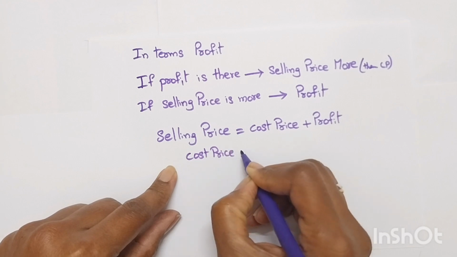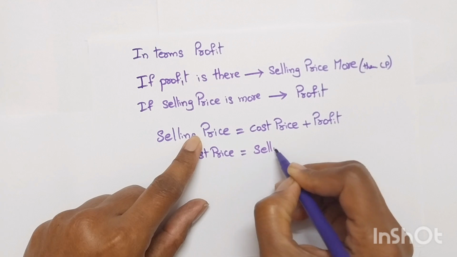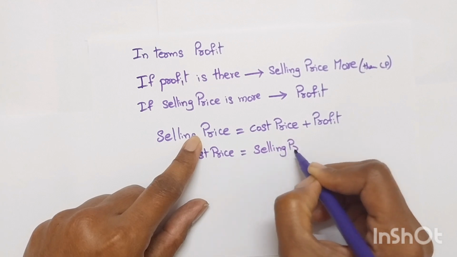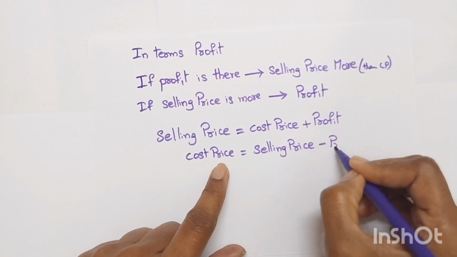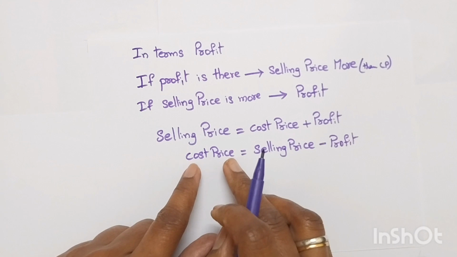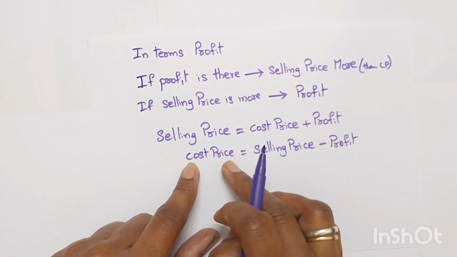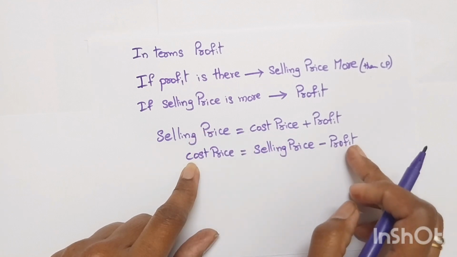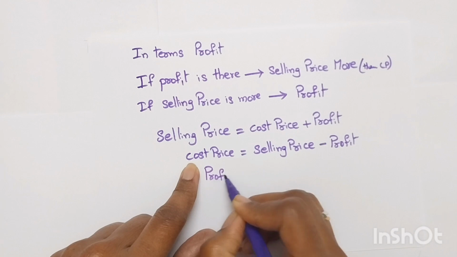If we want cost price, greater value minus the remaining one. What is the remaining one? Profit. So if we want one among these two, it is greater value minus the remaining one. In the same way, now I am writing profit.